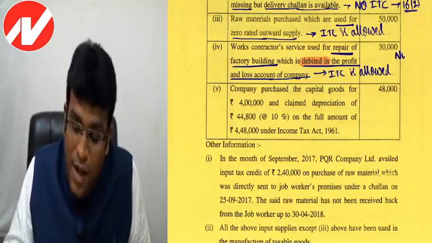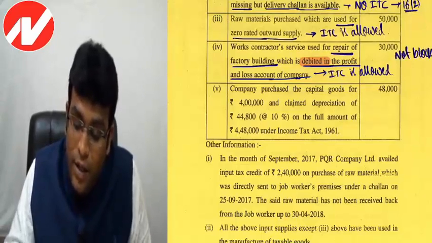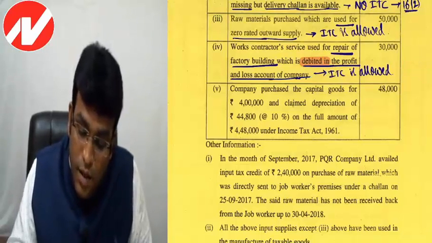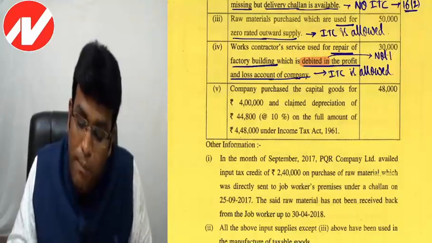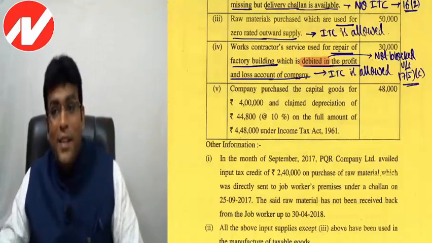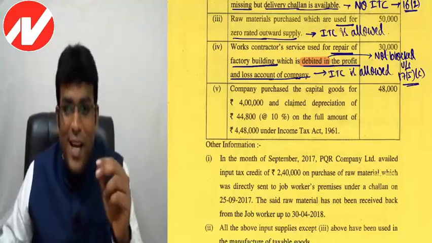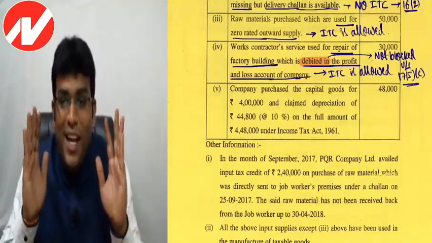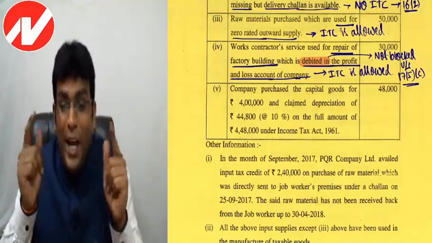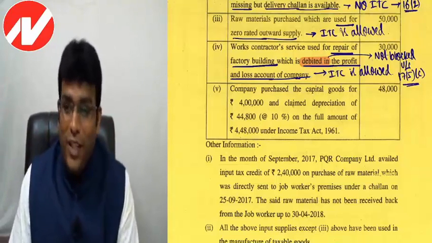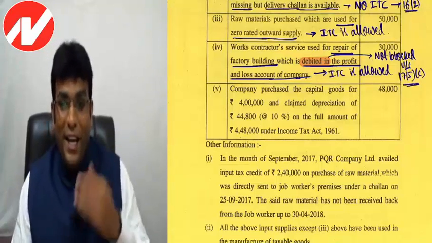This is not blocked under section 17(5) clause C. Sir, in 17(5) clause C, there is one point which says that works contract services for construction of immovable property, credit is not allowed. I repeat one more time, works contract services for construction of immovable property, credit is not allowed.